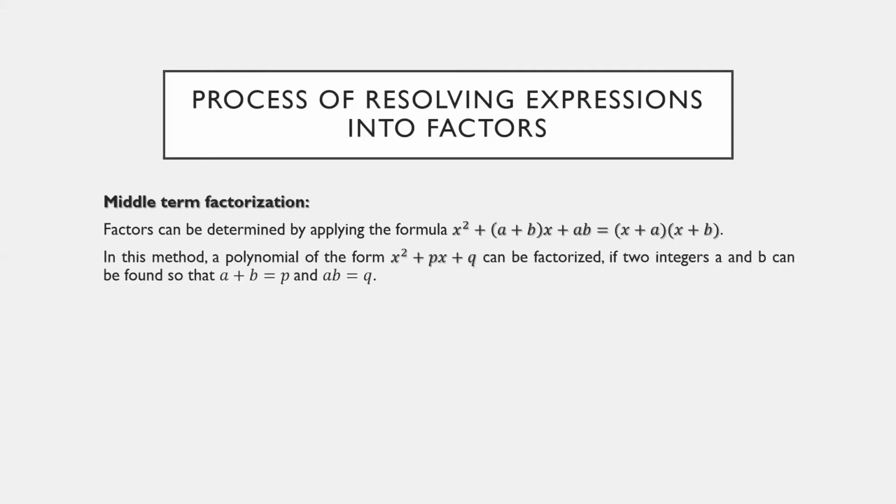So in this method, a polynomial of the form x square plus px plus q can be factorized if two integers a and b can be found, so that a plus b equals p, which is the coefficient of x, and ab equals q. Q is the constant term.